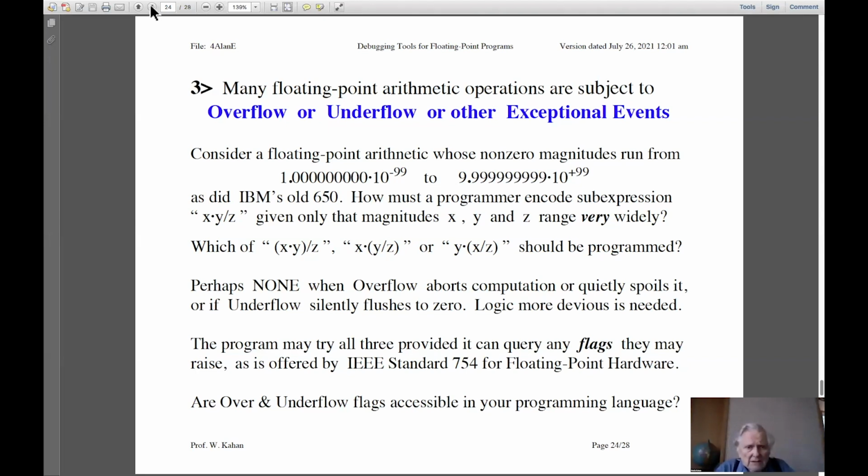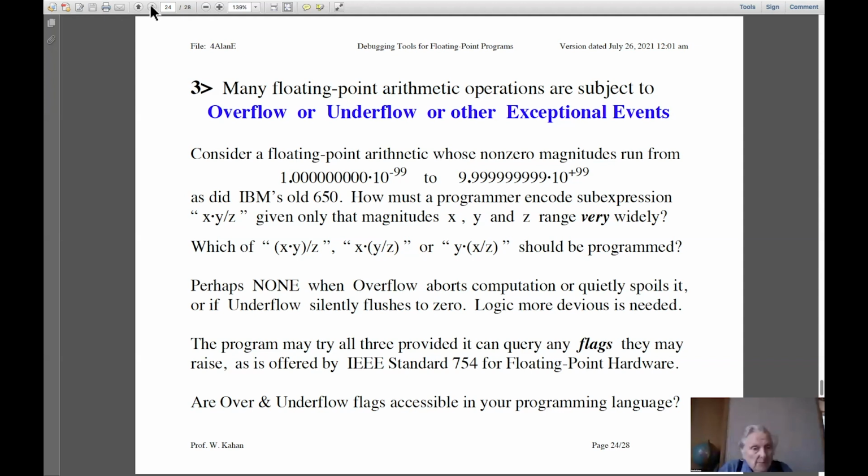And so you now look at some hazard. There are three ways to compute this sub-expression. They're in the middle of the page. If x and y and z can vary extremely widely, then some one or two of those sub-expressions may overflow or underflow, when the third is perfectly okay.